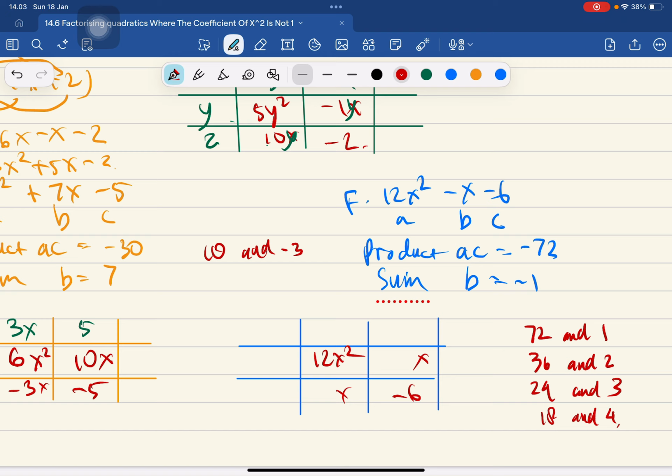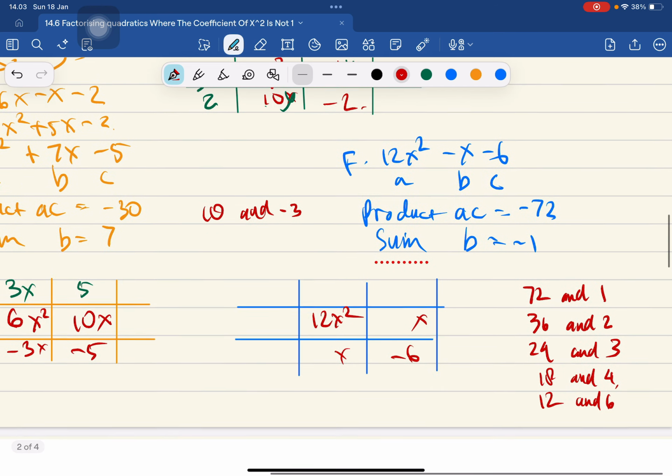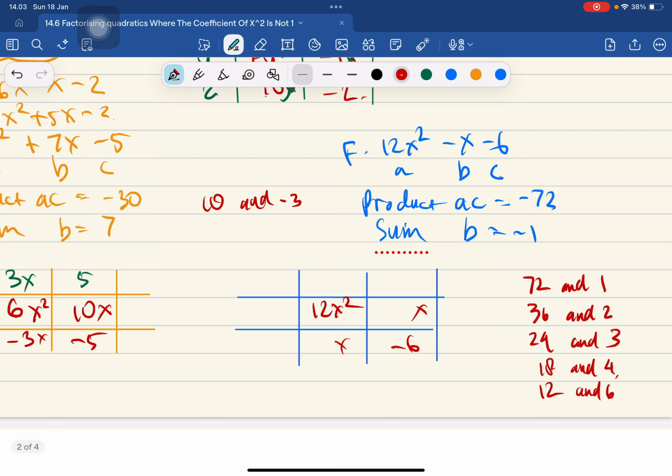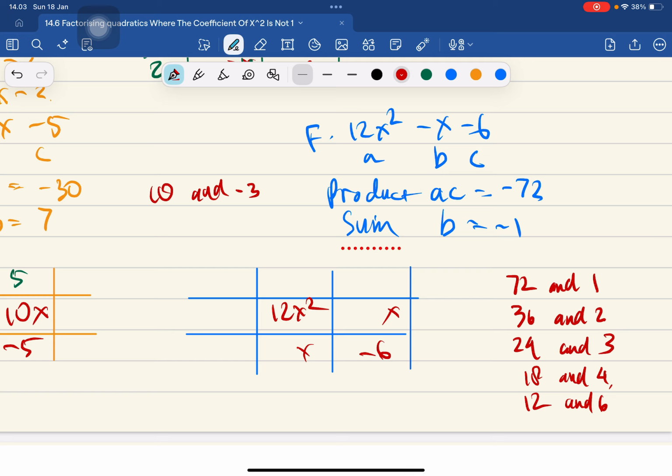Let's try 72 with 12 and 6. Now we cannot make it minus 1. So let's try 72 with 8. What could be the two numbers that when we multiply equal minus 72, and when we add, it's going to be minus 1?